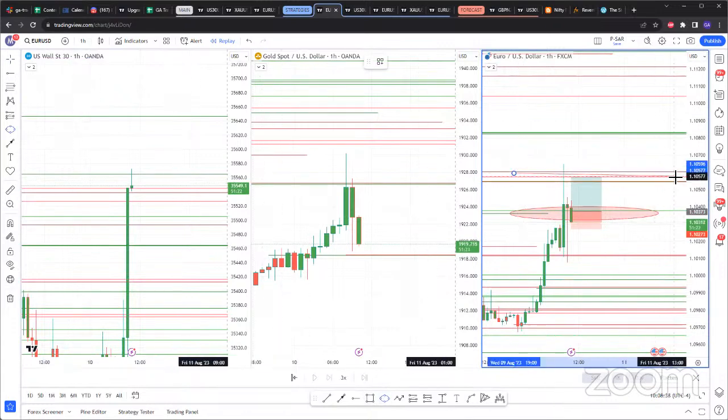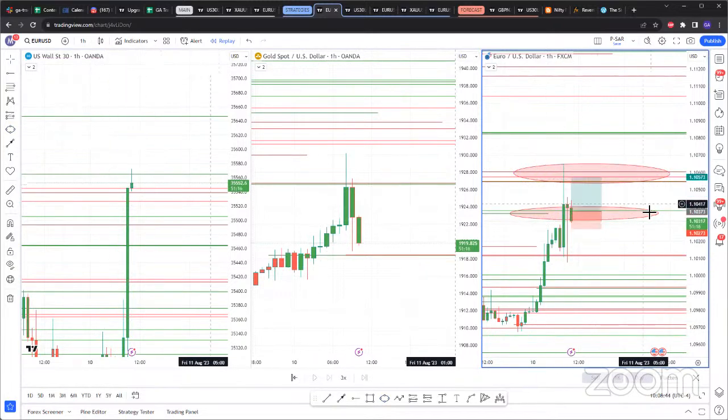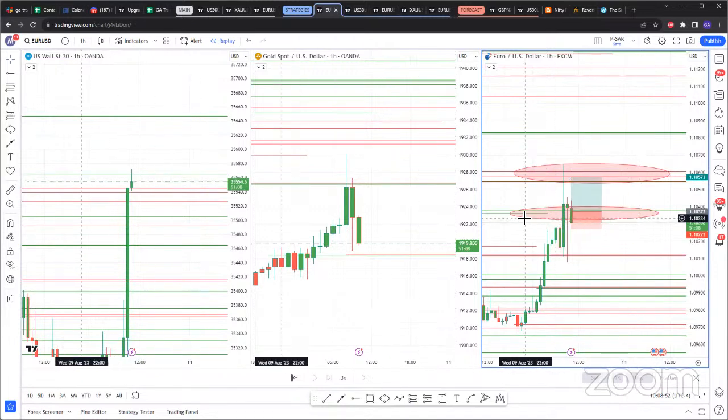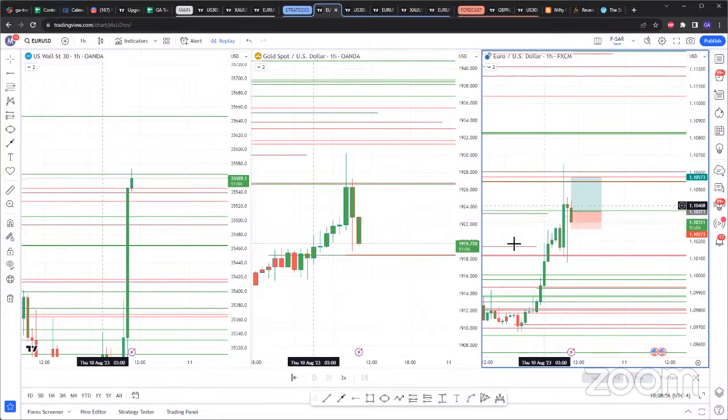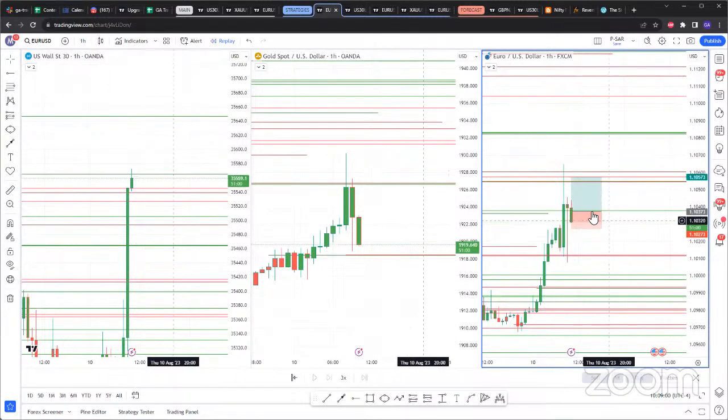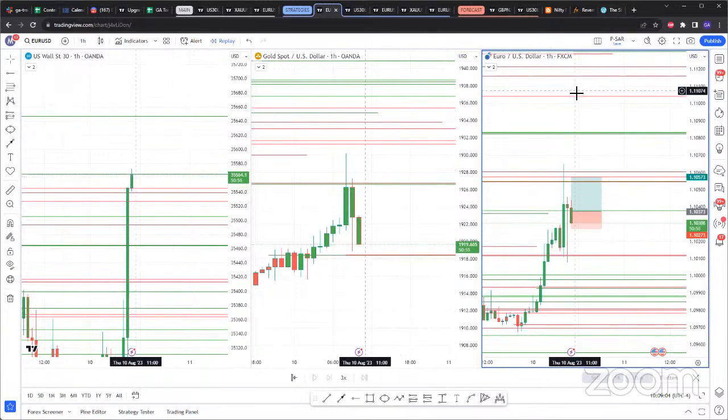This zone right here, if I was looking to sell EU, would also be an entry. So the current entry is a possible entry for both a buy and a sell, it just depends on what bias you are trading. For me right here, the bias I'm trading is on the hourly. The sell entry would be for the daily.